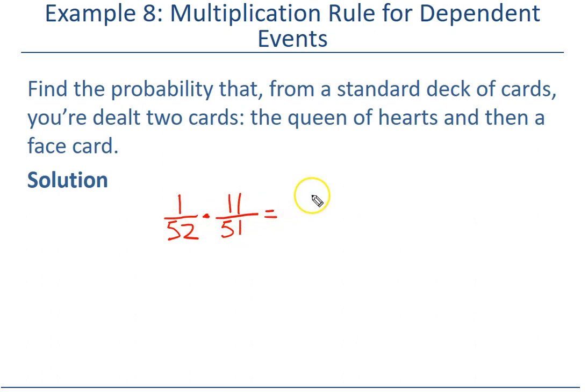So when you do the multiplication of this, this is going to be 11 over 2652, which gives us an approximation of 0.004148.